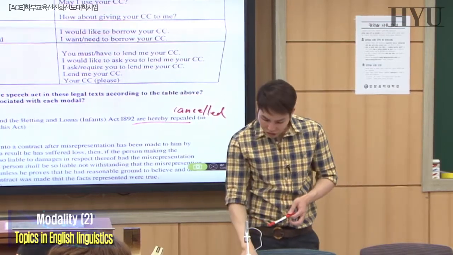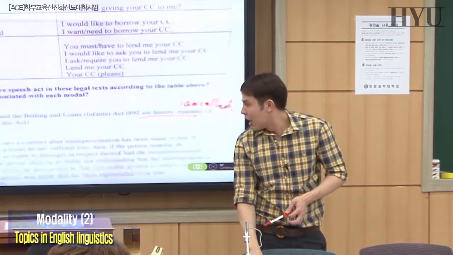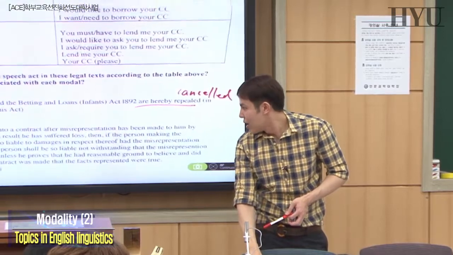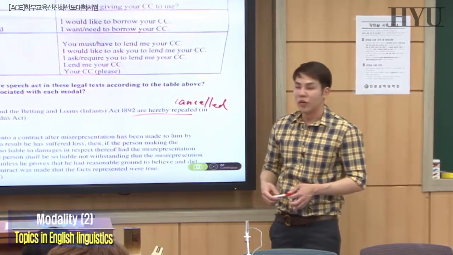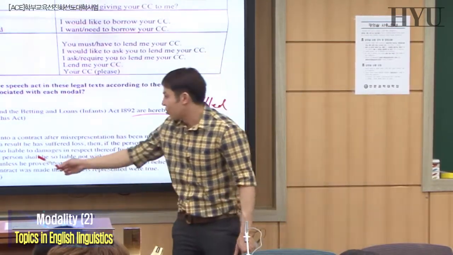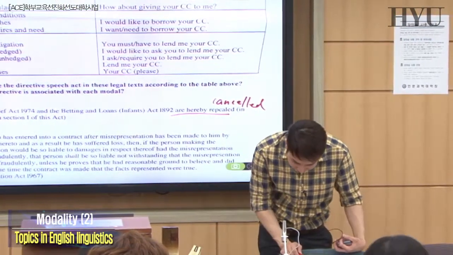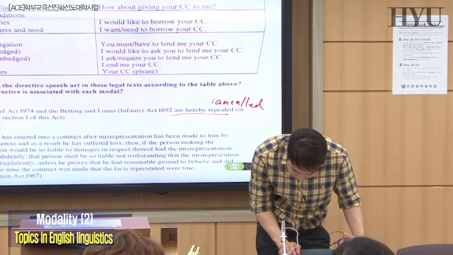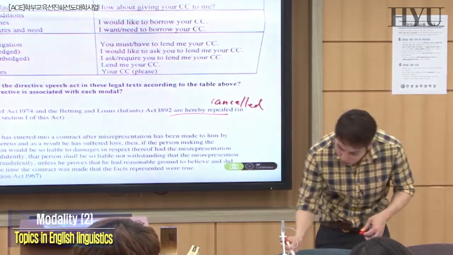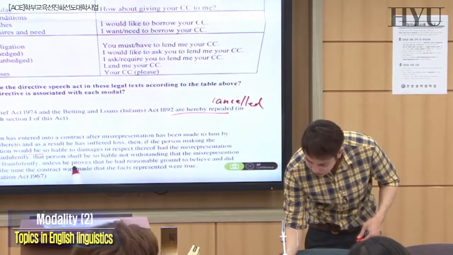But in number two, the writer used some modal verbs. For example, shall here. Is there only one? Shall there, and then is there anything else? Would be, right? And shall.